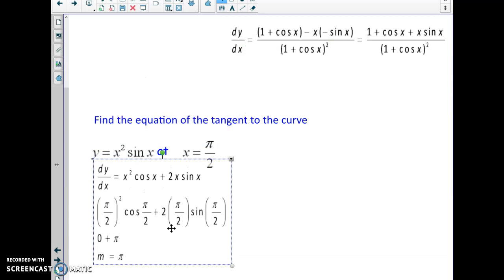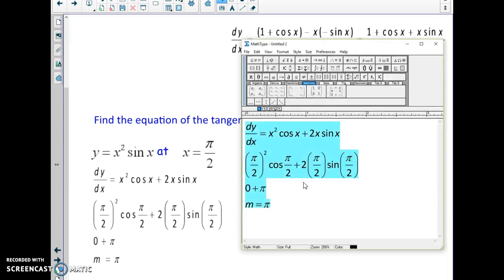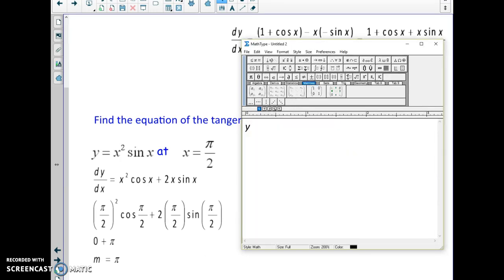Okay, well, I still have to figure out the y value of the actual function when x is equal to pi over 2. So I am going to go ahead and type that up as well. So y of pi over 2 is what I'm doing: pi over 2 squared times sine of pi over 2.